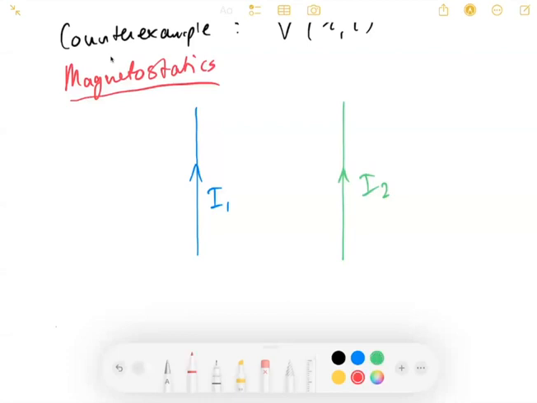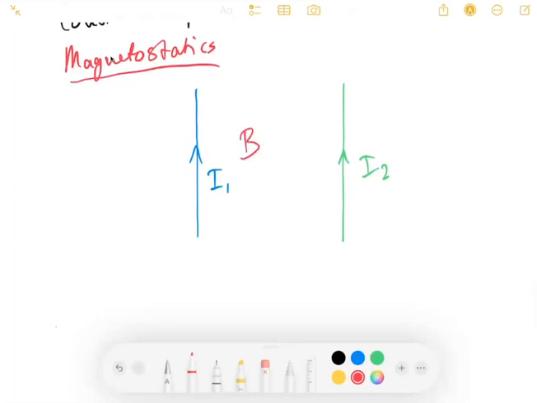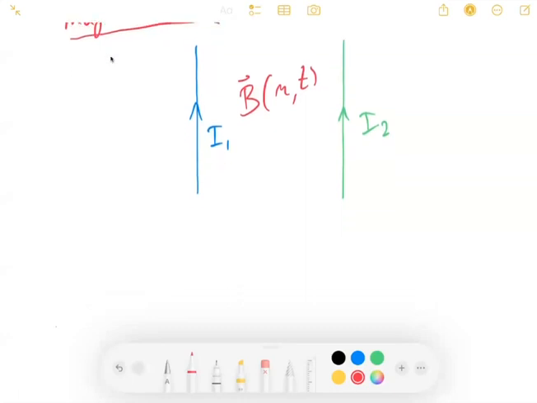So there's a magnetic field here somewhere, some kind of a B, which is a function of R and T. And the magnetic field is, of course, also a vector field. So there's 3 components to the vector. And once you have some kind of a description of what the magnetic field is, you can find the force on the current carrying wires with the Lorentz force.